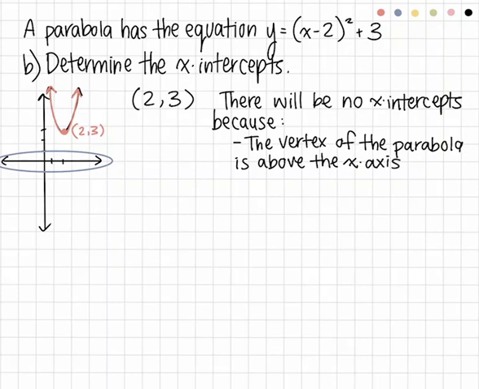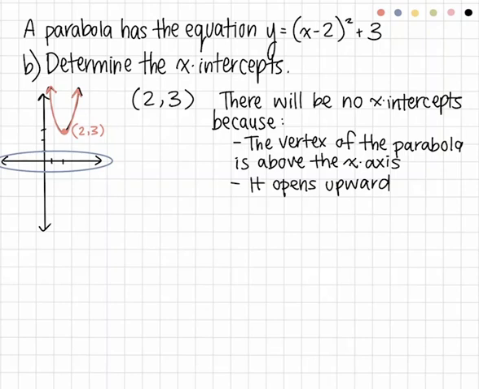X-axis, I think I said axis. And it's also opening upwards. It opens upward, right? If this same parabola opened downward, well then it eventually would have x-intercepts, but that's not the case here.